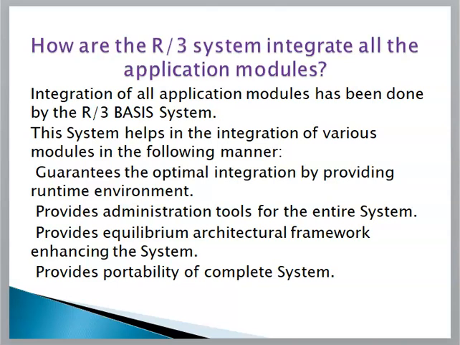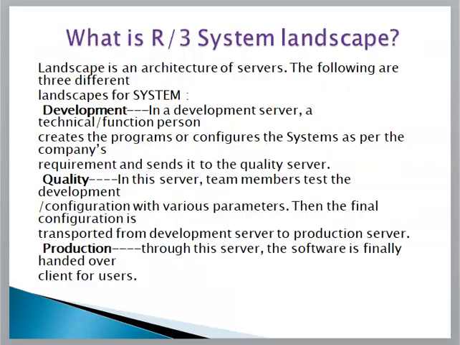It guarantees optimal integration by providing a runtime environment, provides administration tools for the entire system, provides a balanced architectural framework enhancing the system, and provides portability of the complete system.